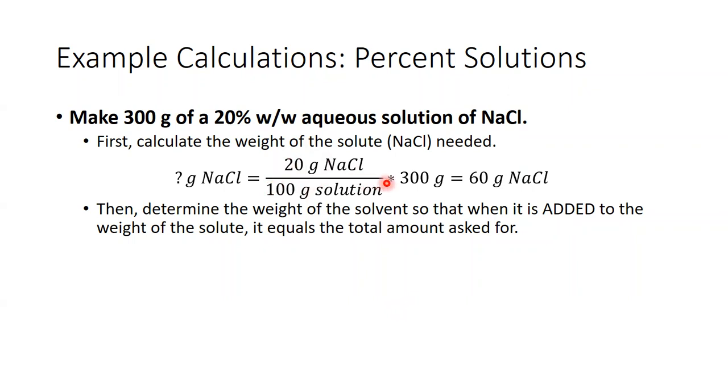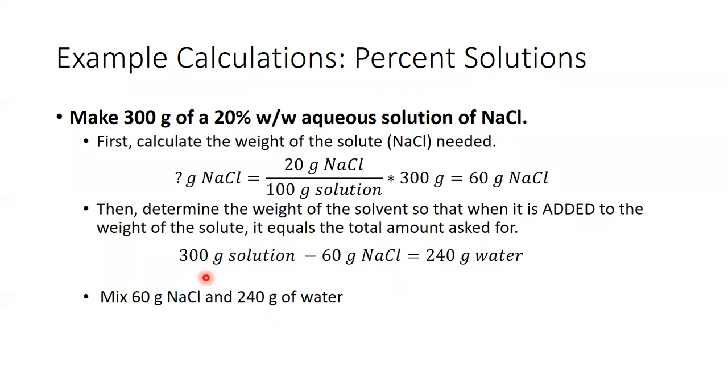Once again, you could do the ratio cross multiply thing from the previous slide, and you get 60 grams of sodium chloride that's needed. But now we have 60 grams of sodium chloride that we added, but we only want 300 total grams. So we need to subtract out that 60 grams from the 300 grams of solution. So what we need to add is 240 grams of water to that 60 grams of sodium chloride.